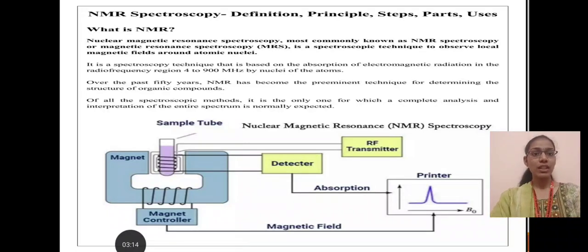Over the past 50 years, NMR has become the preeminent technique for determining the structure of organic compounds. Of all the spectroscopic methods, it is the only one for which a complete analysis and interpretation of the entire spectrum is normally expected. This is what NMR is, nuclear magnetic resonance spectroscopy.